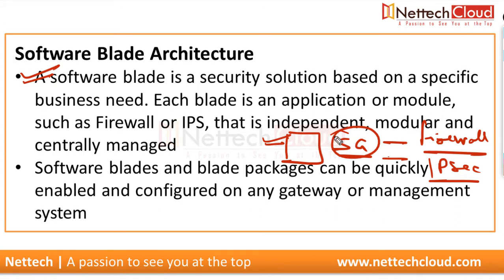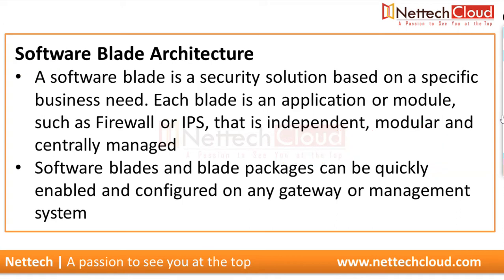So in Check Point firewall, there are different software blades. They need to be licensed and enabled, and then we can use them in security policies. Software blade architecture, so they are not on a single physical or virtual appliance.